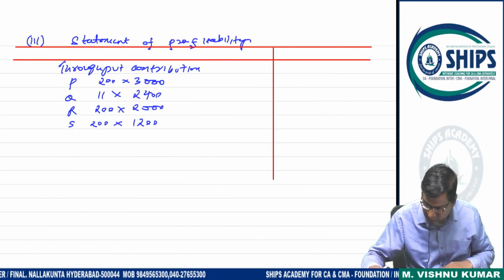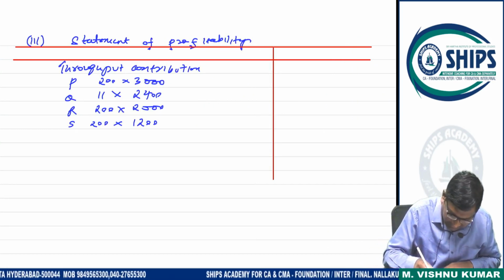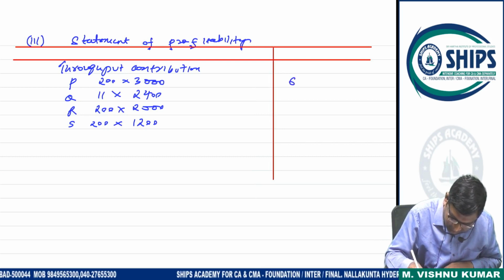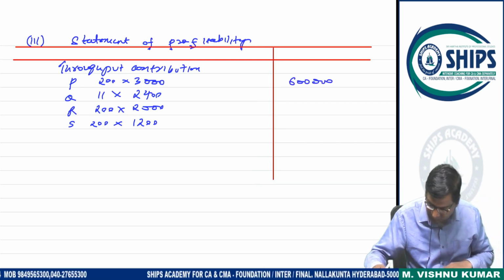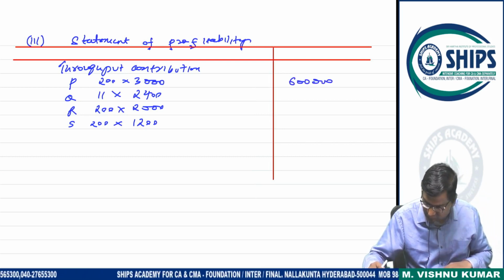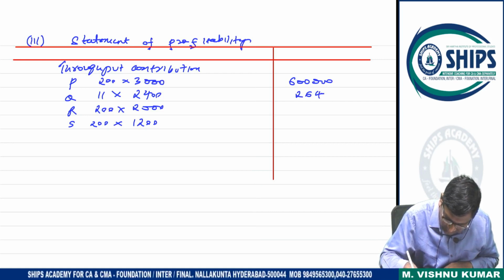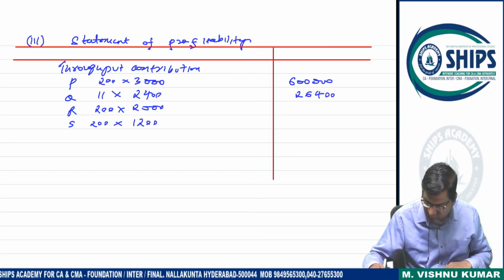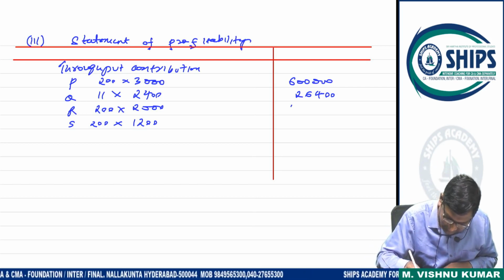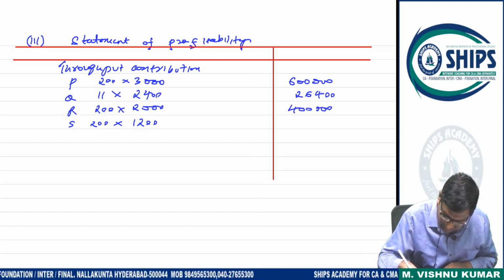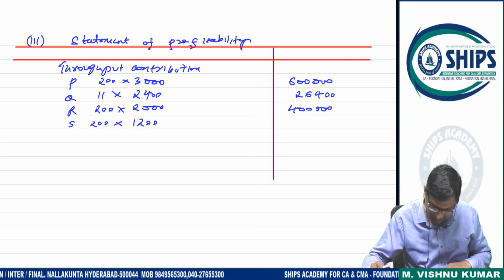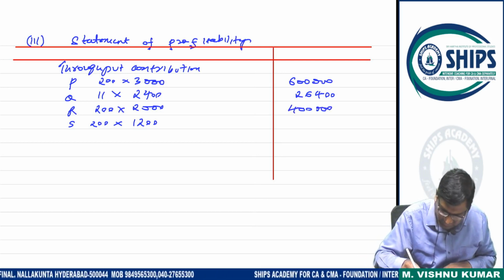Okay, 200 into 3000, 6 lakhs. 11 into 2400, 26,400. 200 into 2000, 4 lakhs. 200 into 1200, 2,40,000.